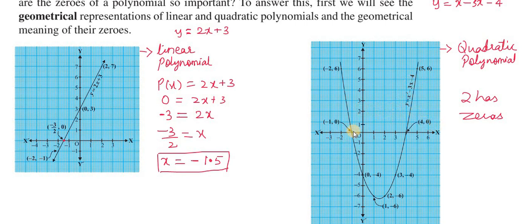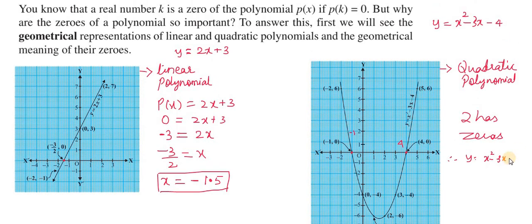Here you may see that it meets at this point and also at this point. This point is nothing but -1, and this point is nothing but 4. So therefore the zeros of the polynomial y equal to x square minus 3x minus 4 are -1 and 4.